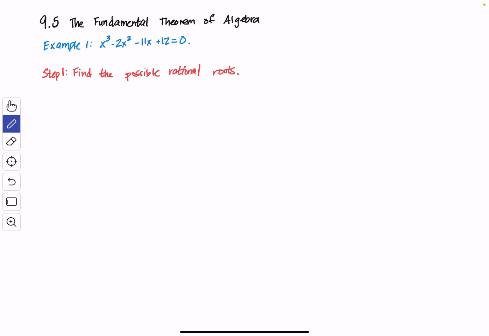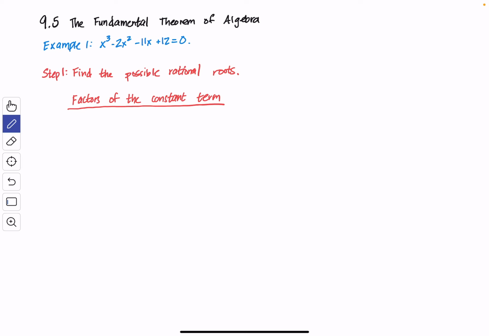What we're going to do is write down all the factors of the constant term. The constant term is the regular number in the problem. So in this problem, it's positive 12. It has no x on it, so it's the constant. It's a value that never changes.